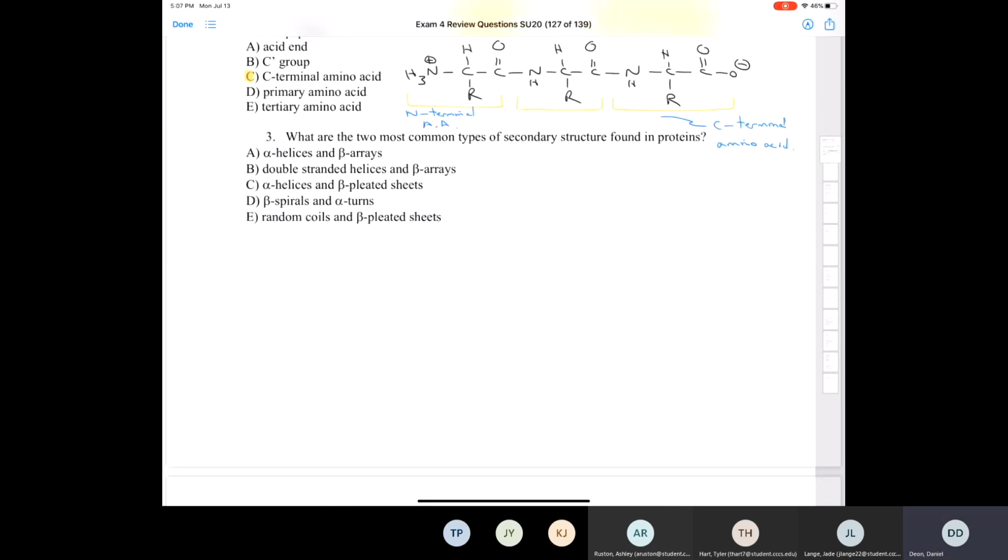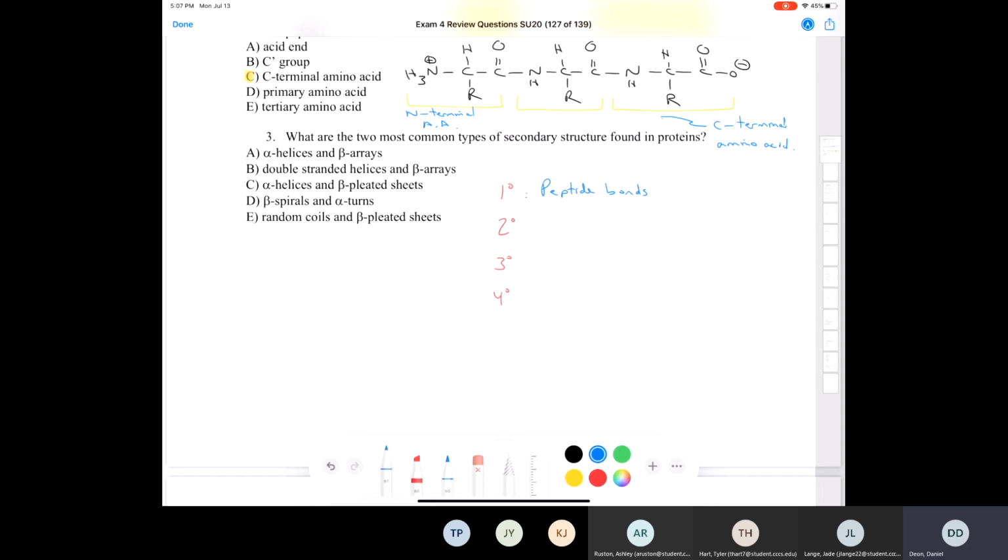It says, what are the 2 most common types of secondary structure in proteins? And for the exam, you should be fully aware of primary, secondary, tertiary, and quaternary structure. Primary structure is just the result of peptide bonds or amide bonds. It's just the bonds that hold amino acids together.